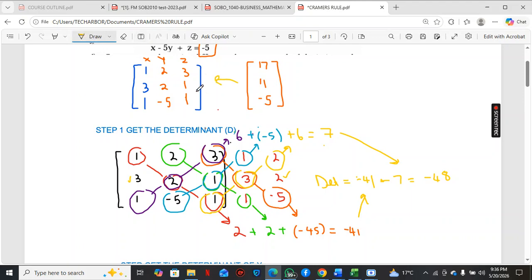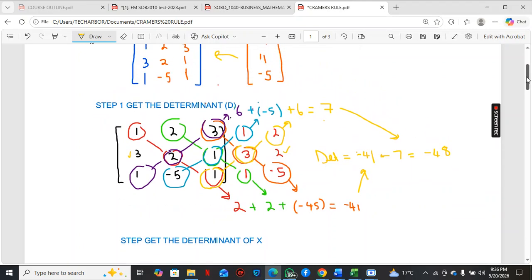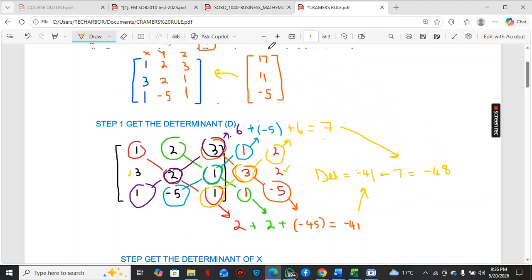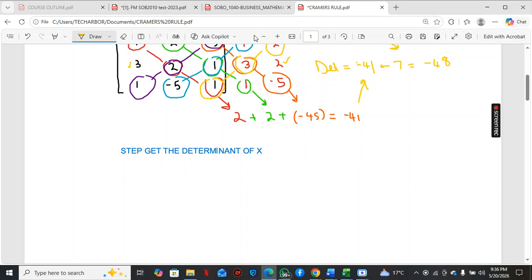So for the determinant of x, this constant matrix is going to replace this x column here. So our matrix is going to read this.